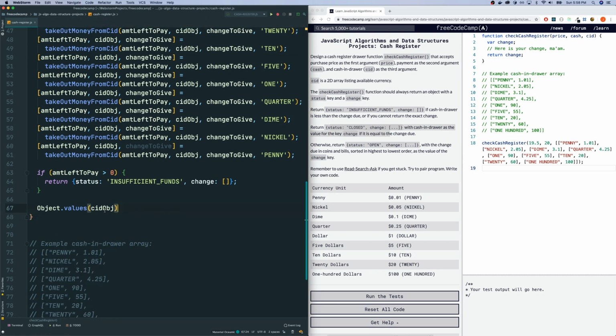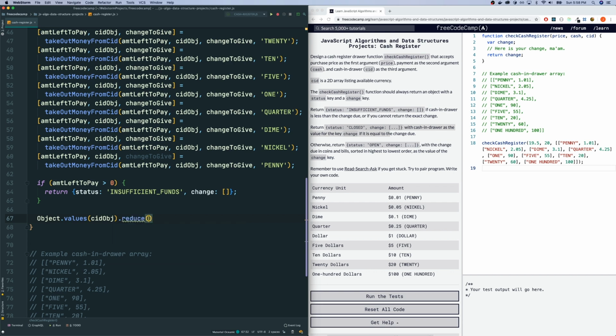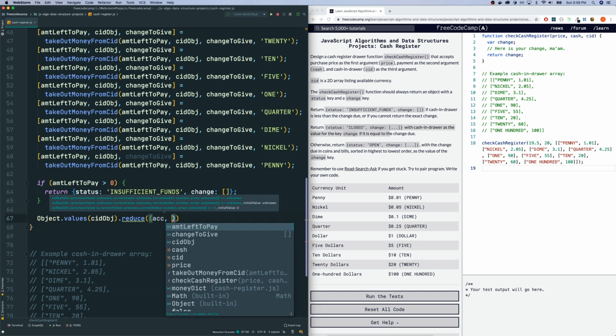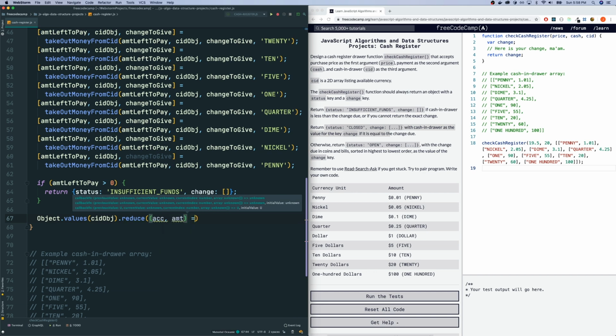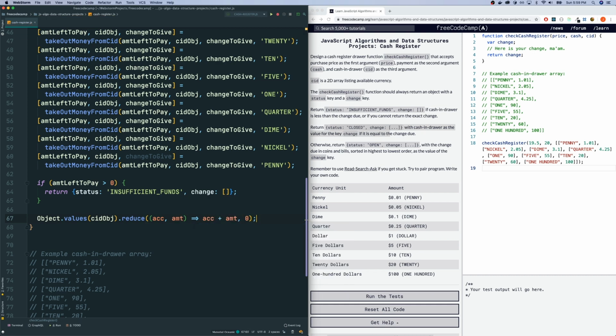And then we're going to call the reduce function again on this, and we're just going to add up all the values that we have. So we're going to have accumulator and the amount, and we're just going to do this inline, so return right away, accumulator plus amount, initializing the accumulator at 0. So this will give you const amount left in CID.